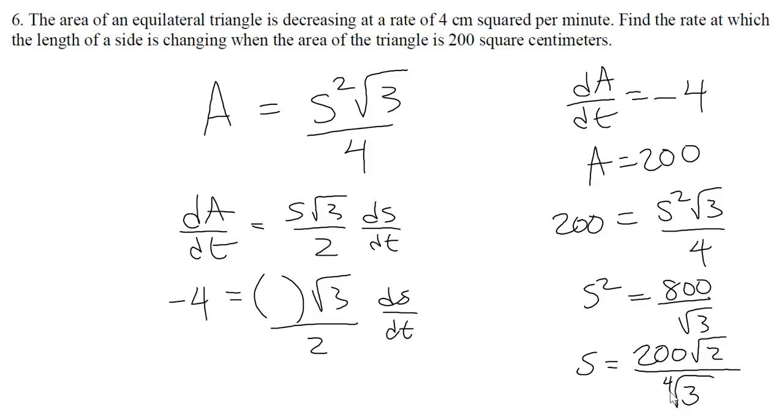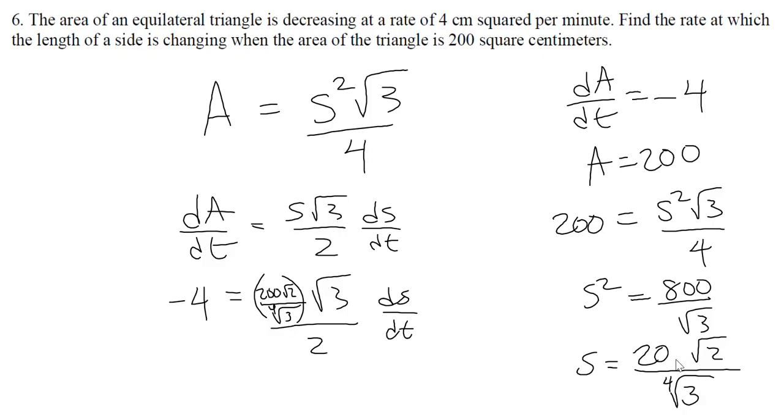So what we need to put in here, I guess I clearly did not leave enough room here, is 200 root 2 over the 4th root of 3. Then we'll solve for ds dt. It's not 200 root 2. Let's fix that.